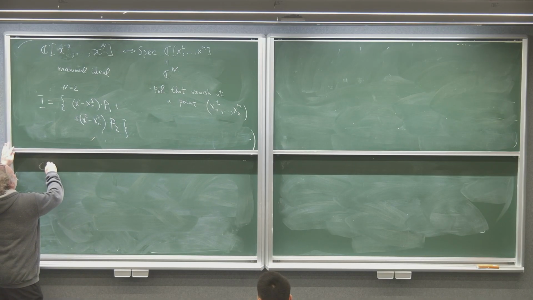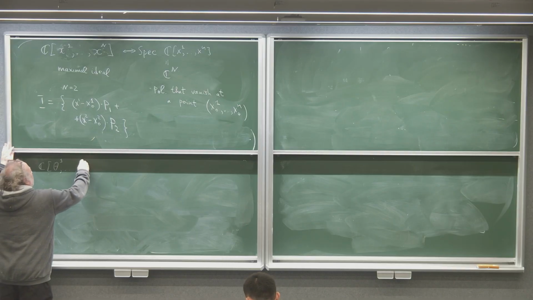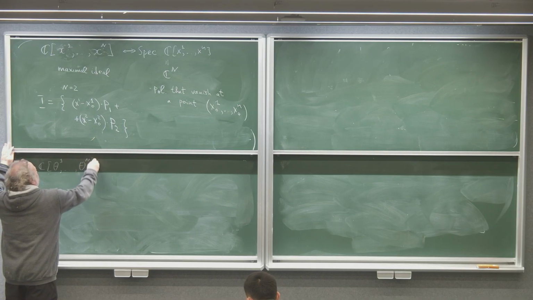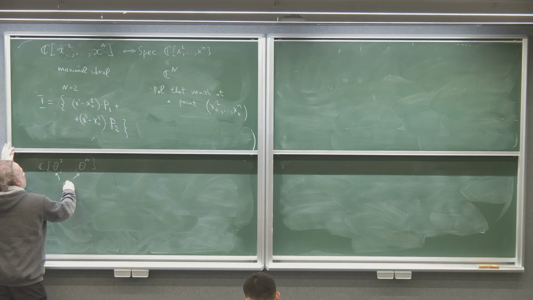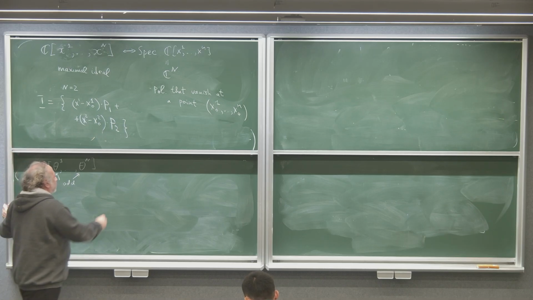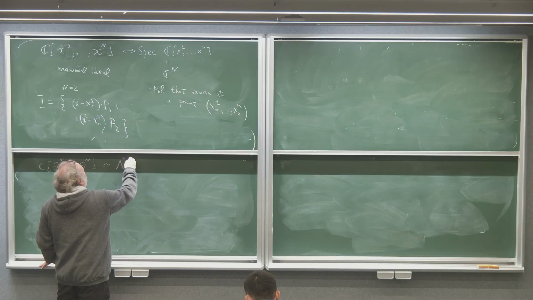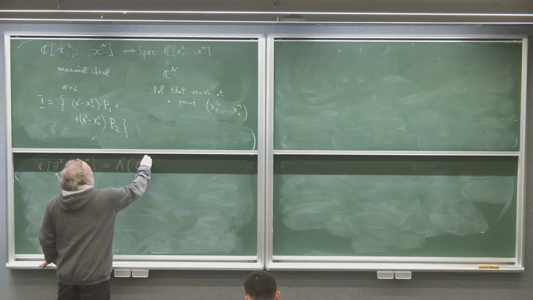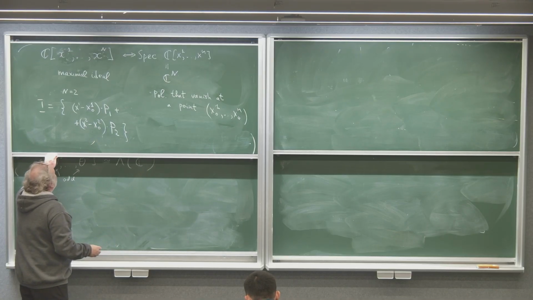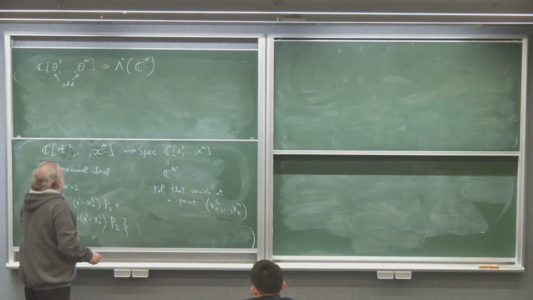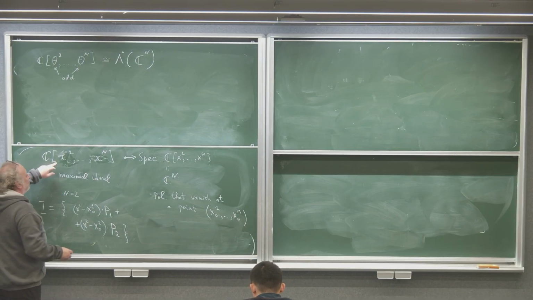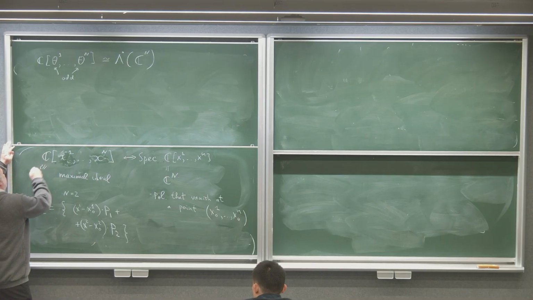Now, consider C with odd coordinates. So they are odd. So this is isomorphic to an exterior algebra, whereas the space of polynomials is the same as a symmetric algebra.